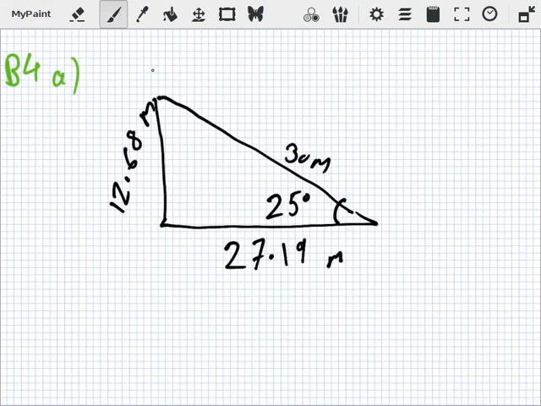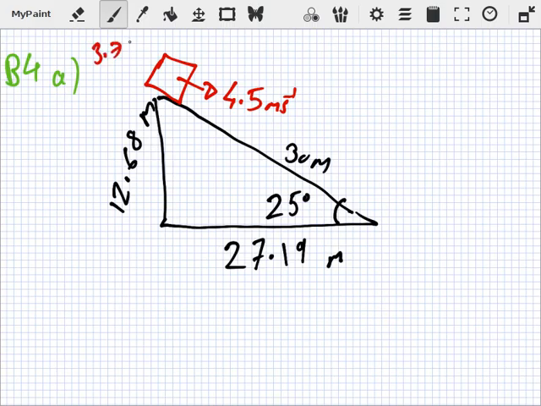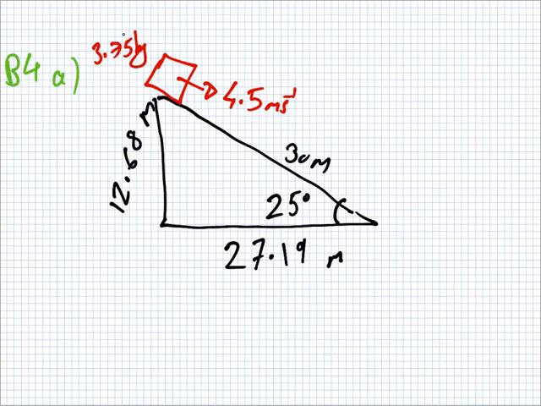Here, at the top, what's the speed of the block? 4.5 meters per second. And the mass? 6.75. At the top, what energy does it have? Potential and kinetic.